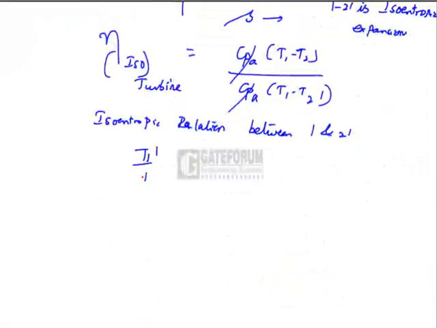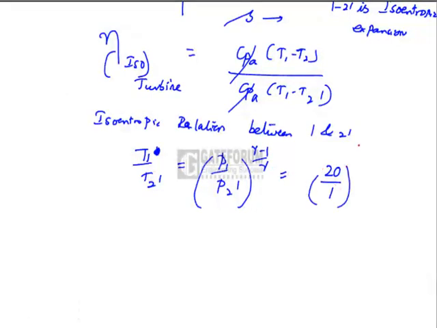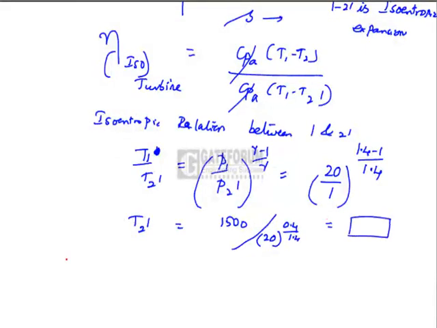T1 by T2 dash is equal to (P1 by P2) whole power gamma minus 1 by gamma, which is equal to 20 by 1 to the power of (1.4 minus 1) divided by 1.4, from which T2 dash could be obtained as 1500 divided by 20 to the power of 0.4 divided by 1.4. We can obtain T2 dash.